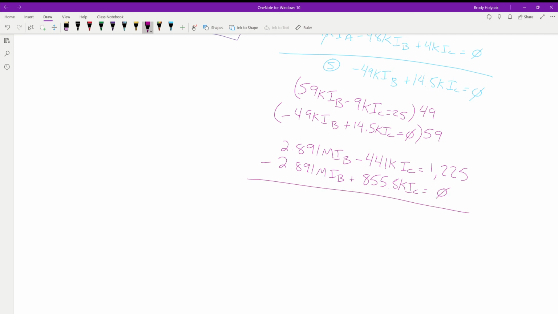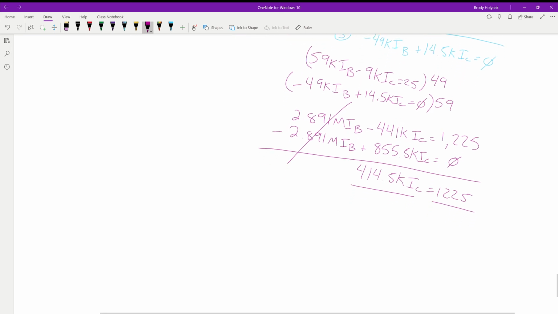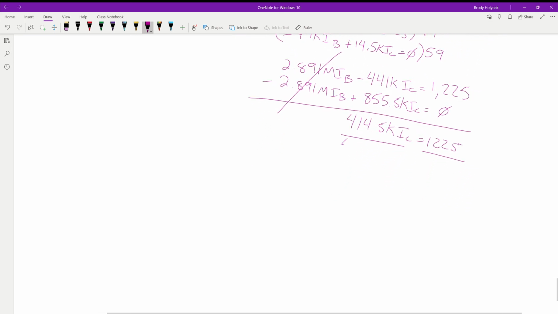Combine these guys together. 855.5 minus 441 gives us 414.5K IC is equal to 1225. There it is. Divide both sides by 414.5K.